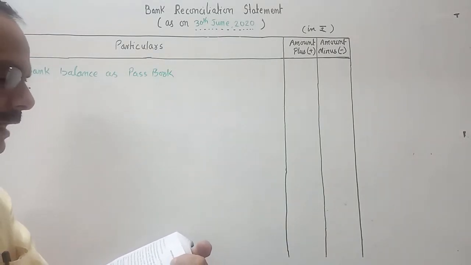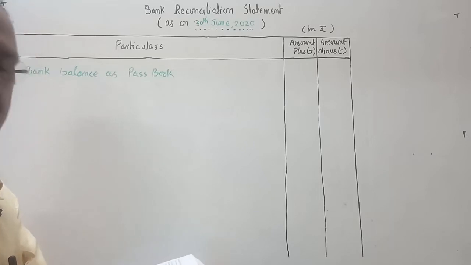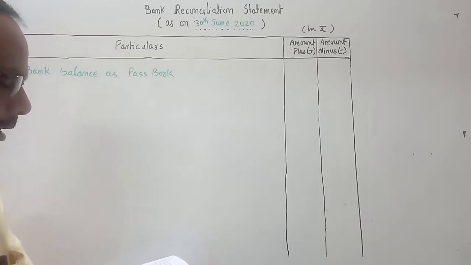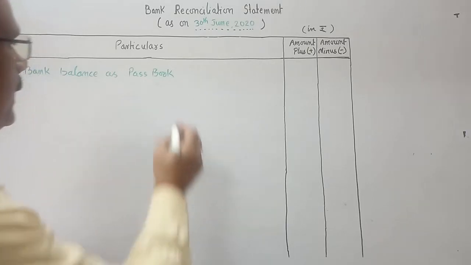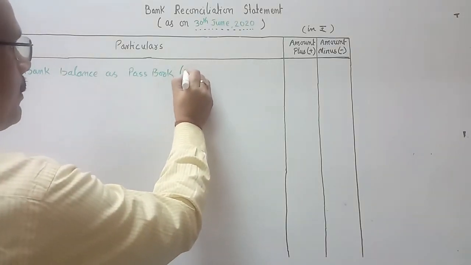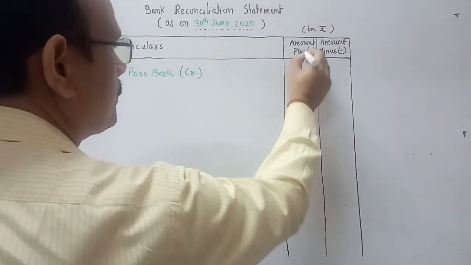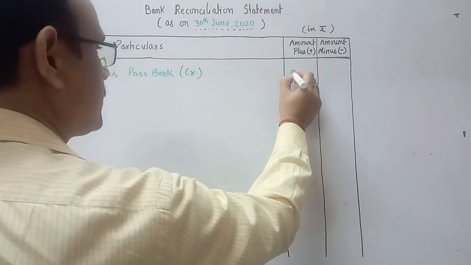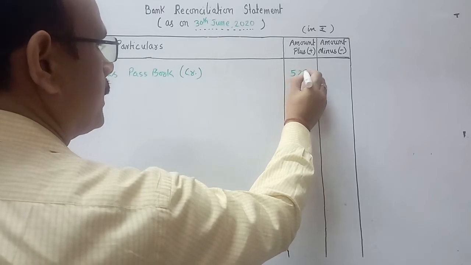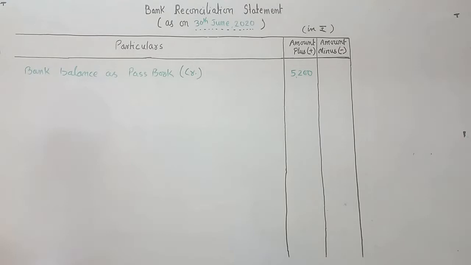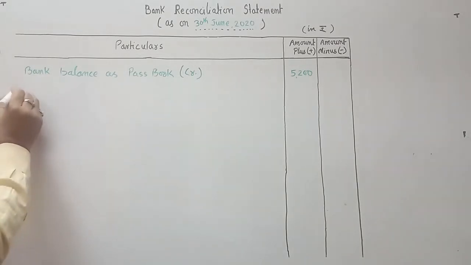Here it has mentioned that on 30th June 2020, passbook showed a balance of 5,200. The balance is not mentioned as overdrawn, so it's a credit balance. It's a favorable balance. So you write 5,200 in the plus column.